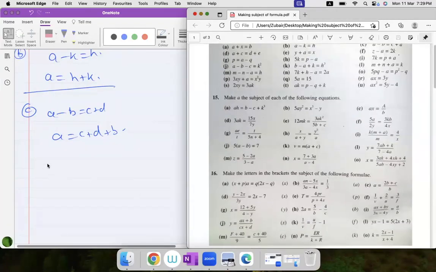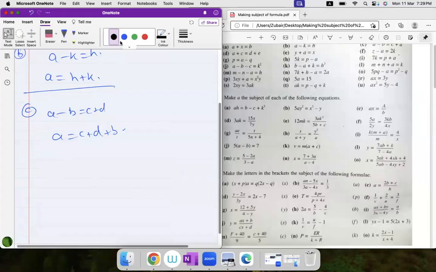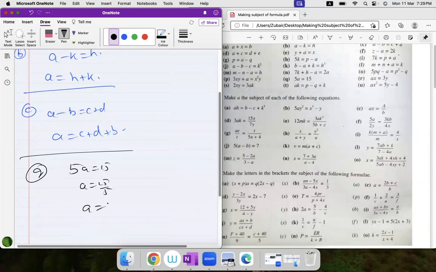Next part. A equals 15 divided by 5, so it'd just be A equals 3. A is equal to 3, right?